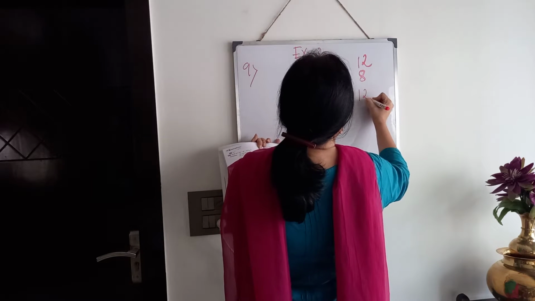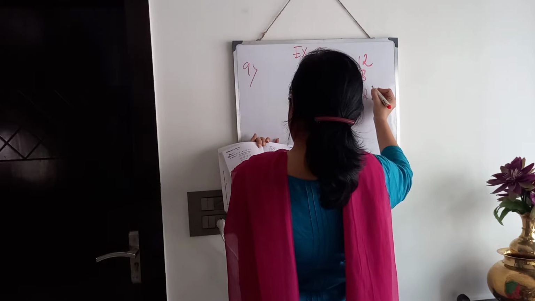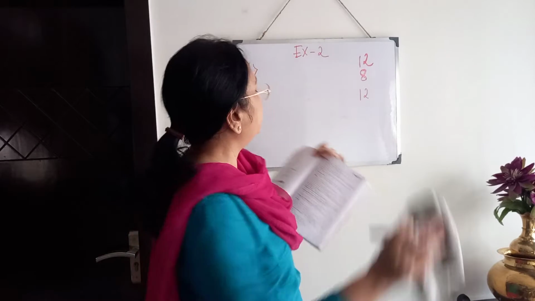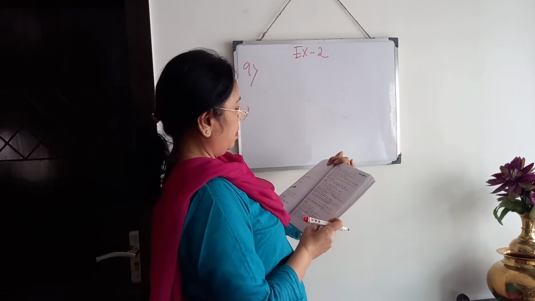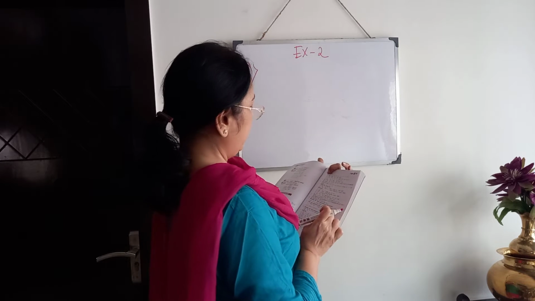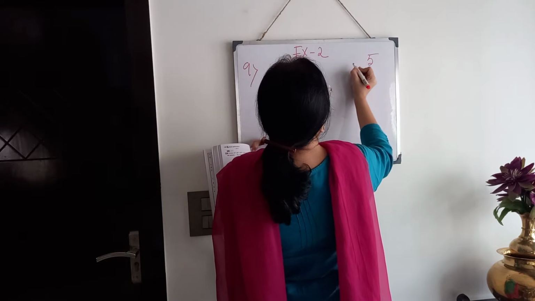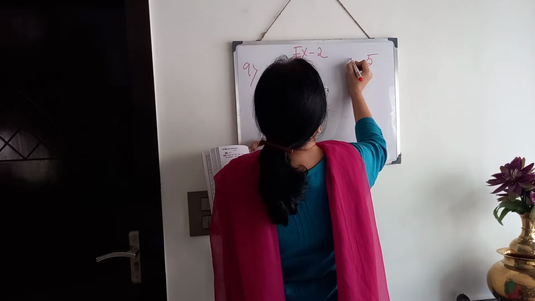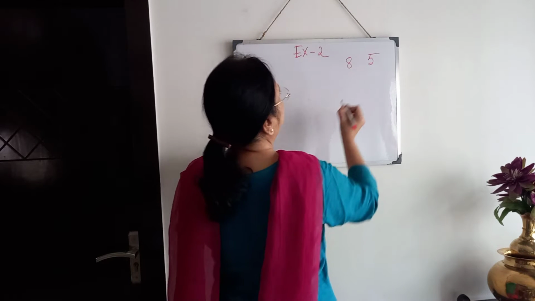Difference of two expressions is this, greater one is this. Let me take an easier example: the difference of two numbers is 5, the greater number is 8, and what will be the smaller number?